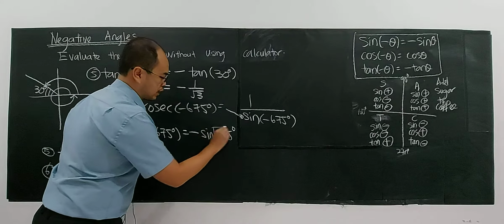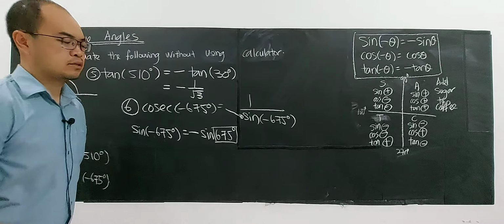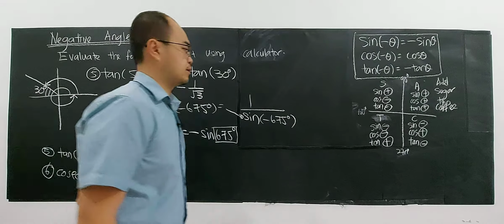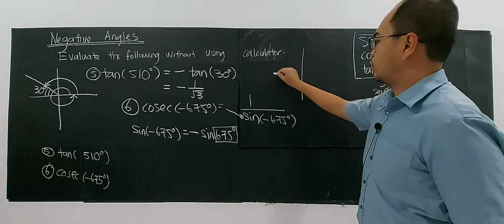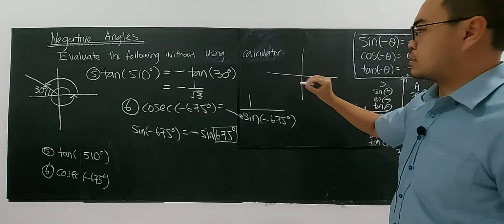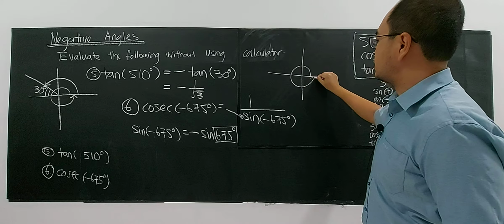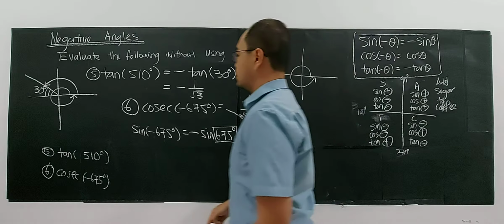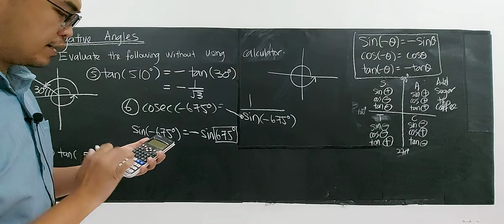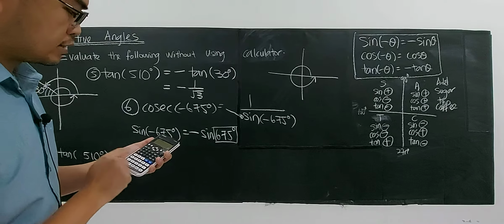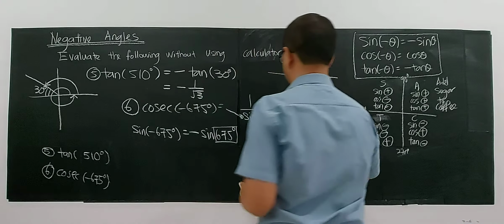So let's look at 675 degrees. Which quadrant does this fall in? You see 675 and 360. You take 675 minus one cycle, 360, and you have 315.